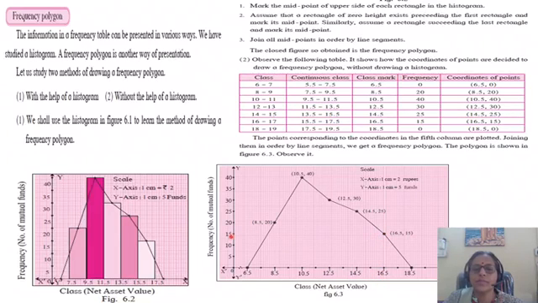Then 18.5, 0, the height of that rectangle. Then join those points with the help of ruler and pencil. This is a closed figure. It is a frequency polygon.